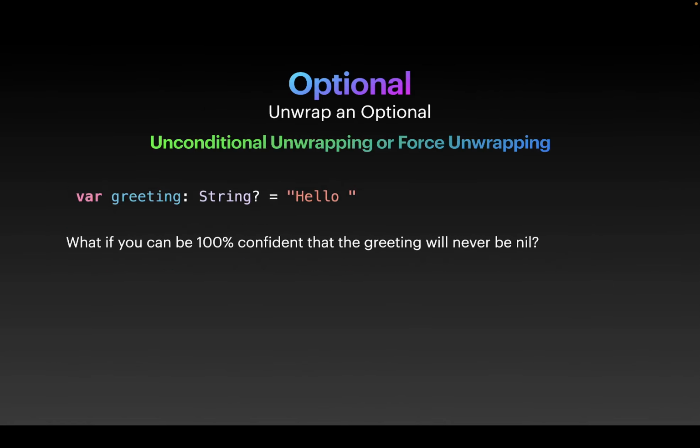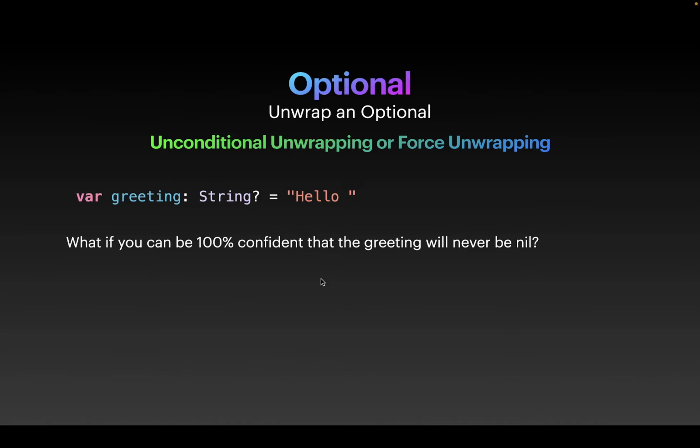Now, let's take a look at another thing. It's called unconditional unwrapping. Usually we also call that force unwrapping. Again, we have the greeting variable here. It's optional. And what if, in this case, you can be 100% confident that the greeting will never be nil?